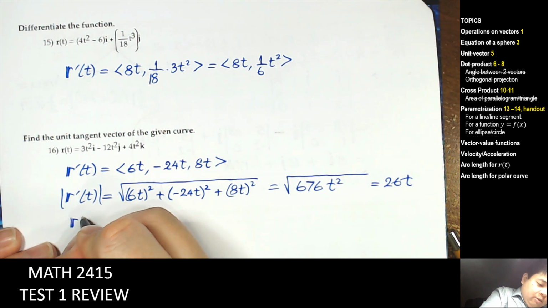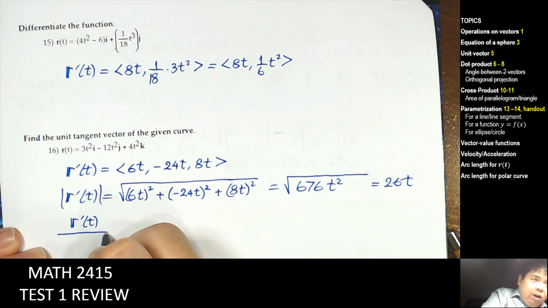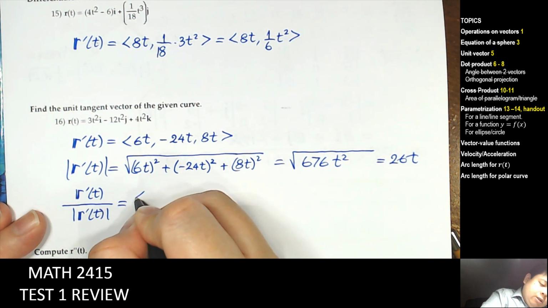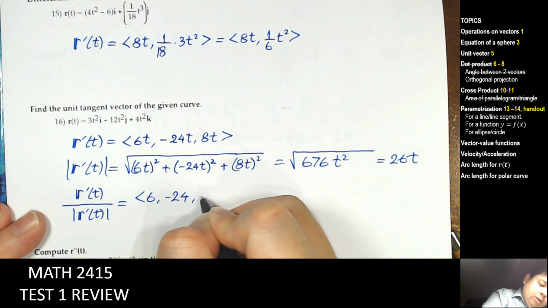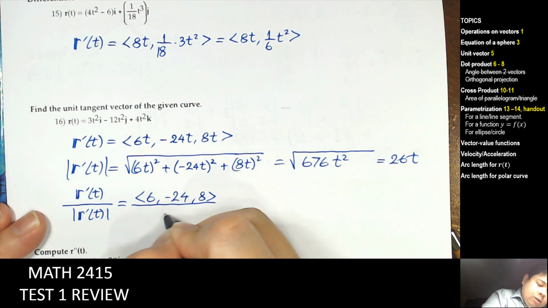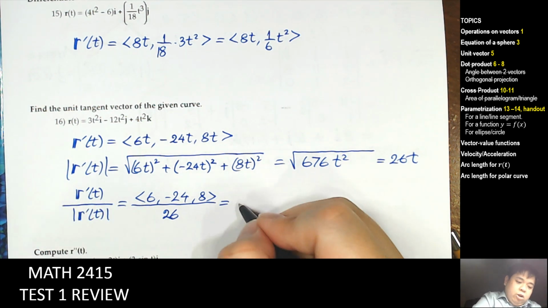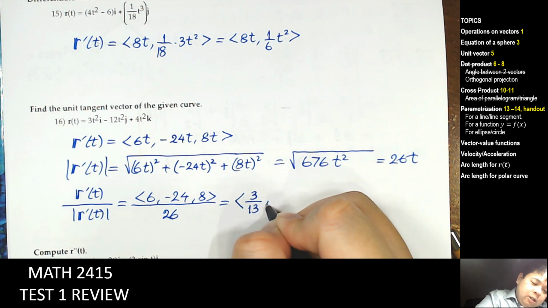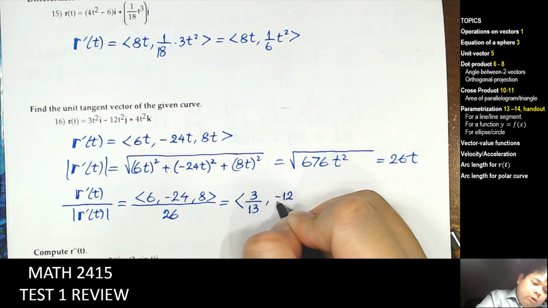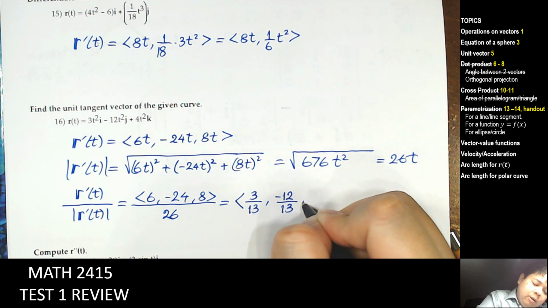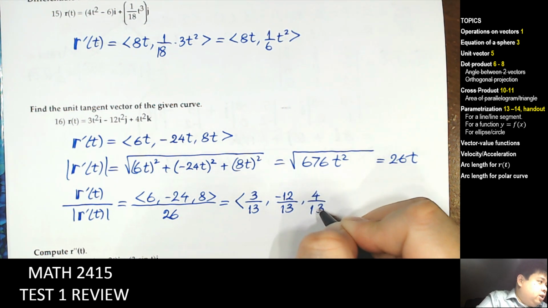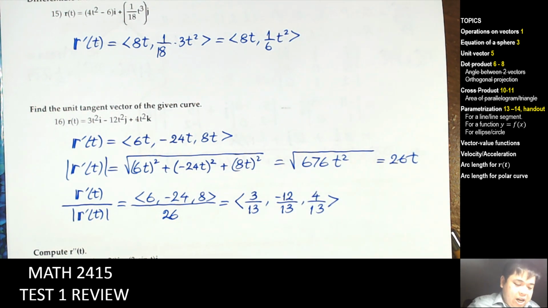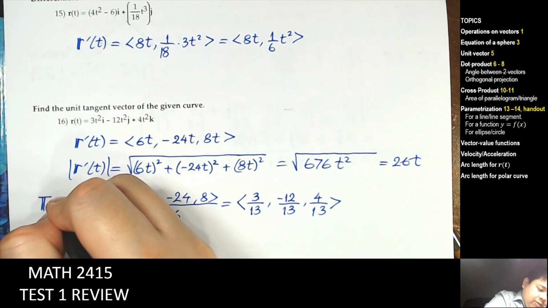Alright, so we take the vector divided by the magnitude. So 6 over 26 reduced by 2 is 3 over 13, negative 12 over 13, and 4 over 13. So that is the unit tangent vector. That is the vector capital T.